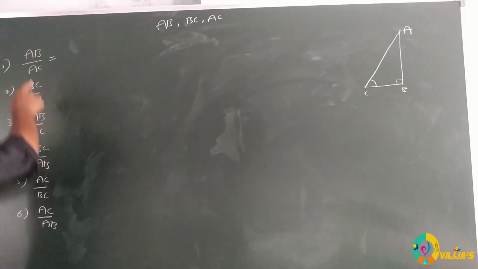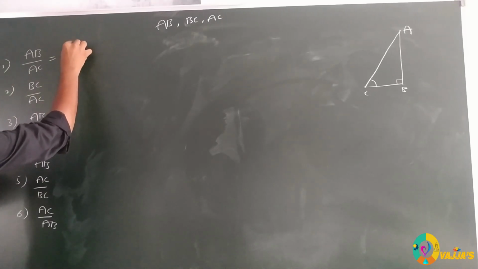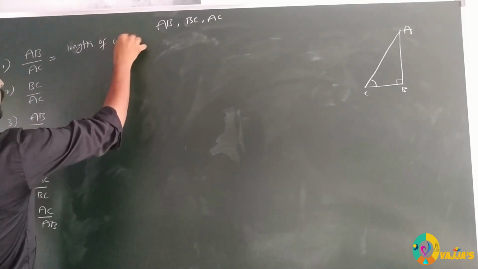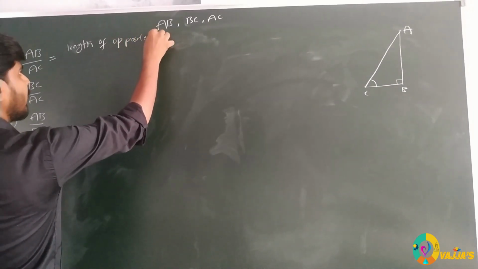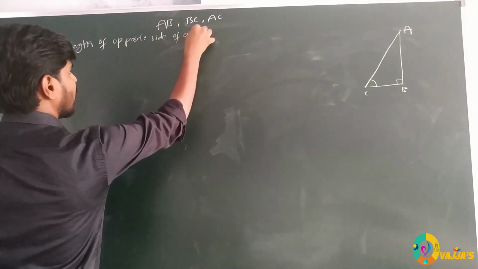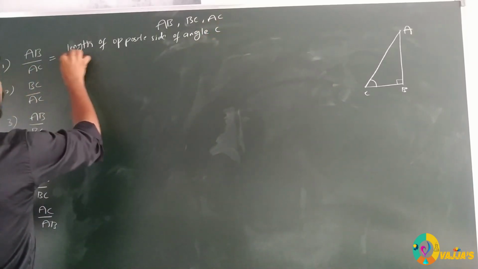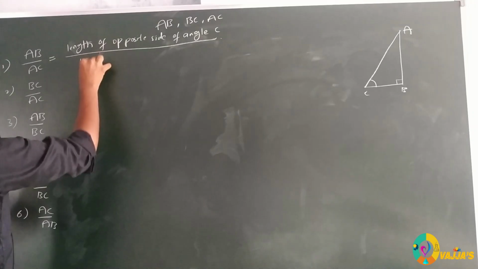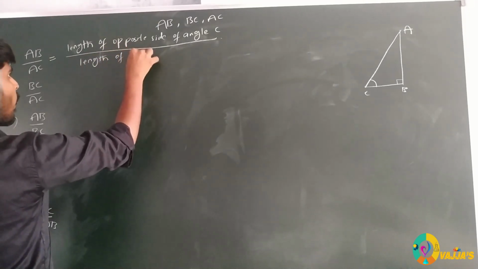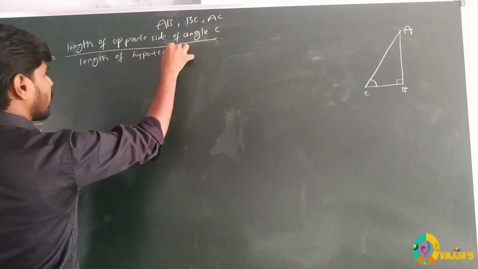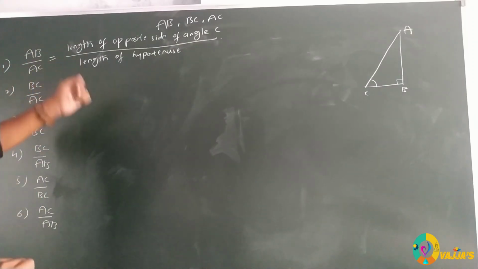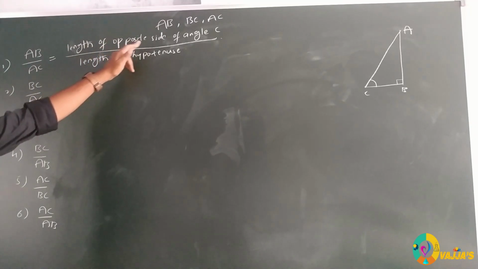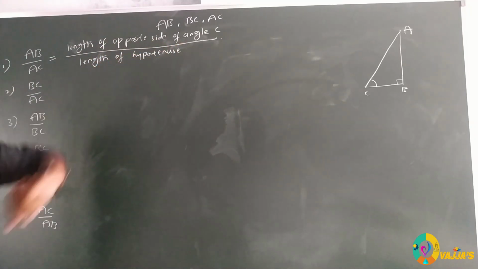So here I am writing the length of the opposite side of angle C by the length of hypotenuse. AB by AC. So I am writing here the length of the opposite side of angle C by the length of hypotenuse.